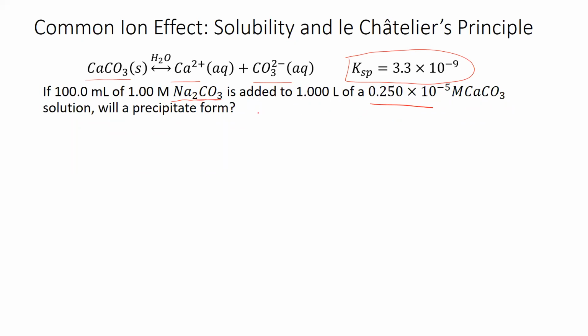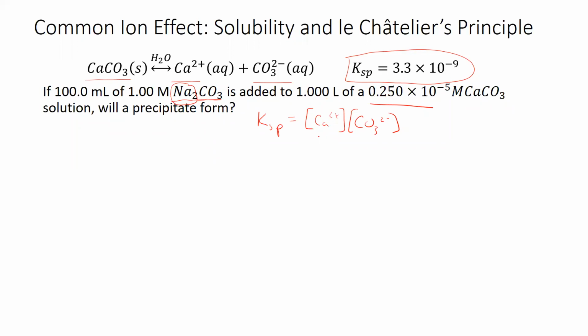Well, what we can do here is actually look at the amount of each of these different components, knowing that the sodium ion doesn't really have an effect on the overall solubility. But since our KSP expression is calcium 2+ concentration times the carbonate concentration, adding that carbonate in the form of sodium carbonate can have an effect on whether or not we'll get a precipitate.